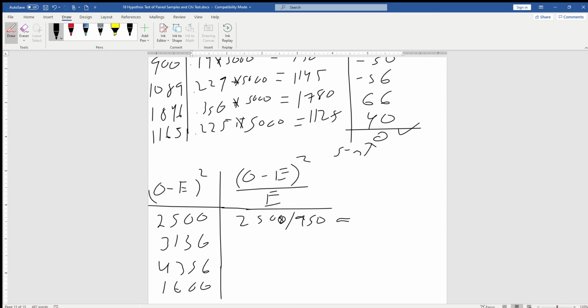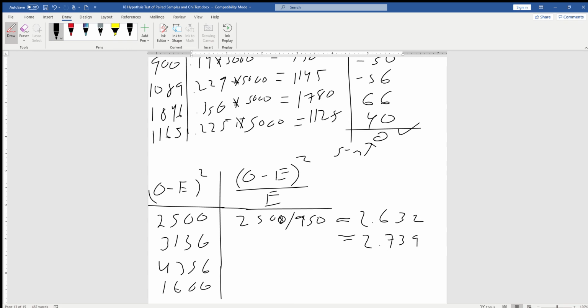We end up with 2.632. And then for the next one, we're going to take 3136 and divide that by 1145. That gives us 2.739.